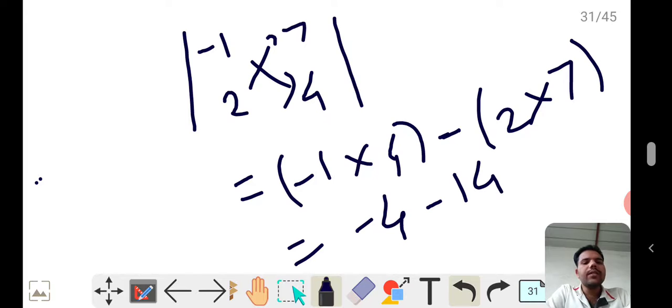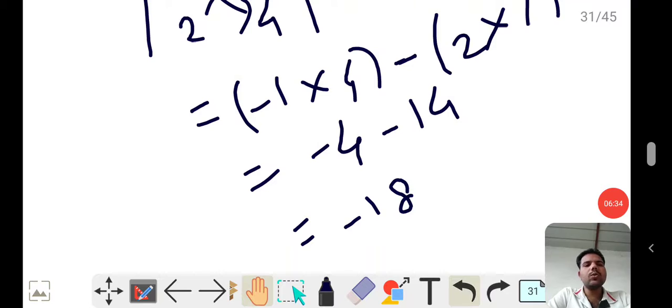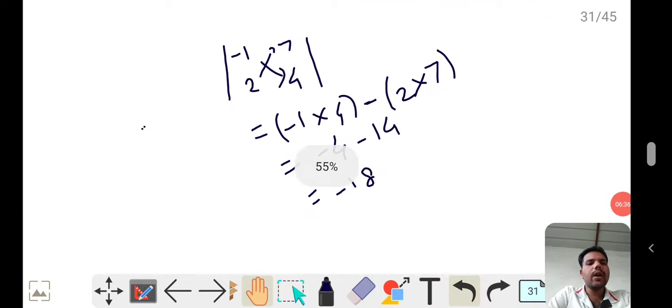So we add: minus 4 minus 14 is equal to minus 18. So the value of this determinant is minus 18. Look at this solution again: we take the cross multiplication like this, minus 1 into 4 minus 2 into 7, so we get minus 4 minus 14, and the final value is minus 18.